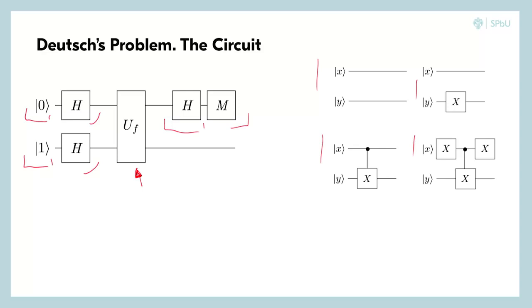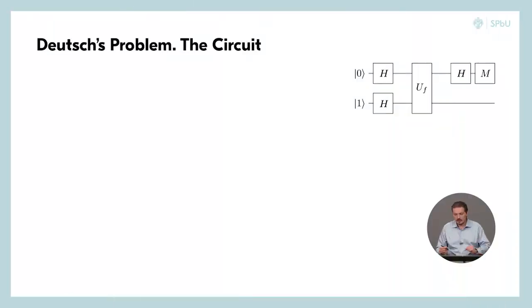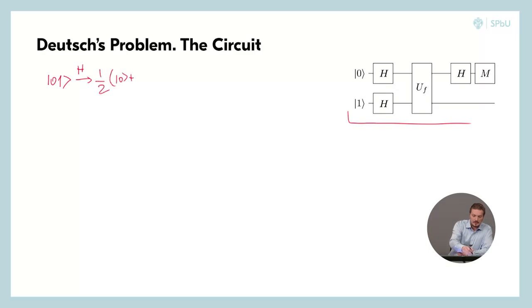Looks a bit intricate, so let's see how it works. So here is the scheme. Let's apply it. Now we have this 0, 1. After Hadamard, it would be 0 plus 1, with this vector plus and vector minus. We can write it like this.